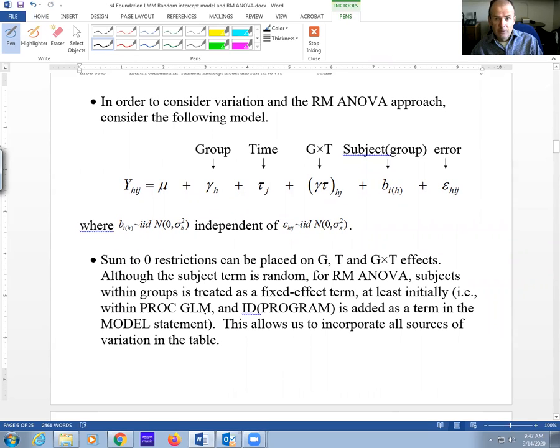So our model, are you guys comfortable with writing models like this, like statistical models? It's kind of important to be able to write out a model and know what the parameters are that you're estimating in the model. So this is one way to write a model in this case, where we have group. In this case, we only have 2 groups. So H could be 1 or 2, right?